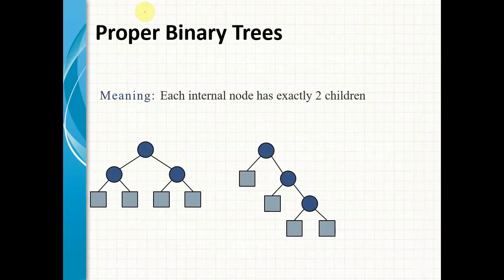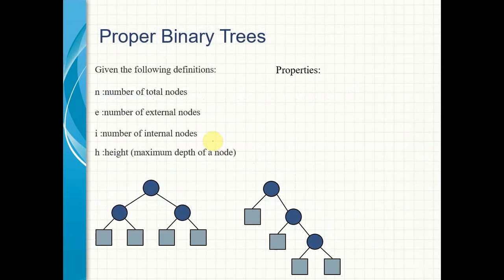Then there's another kind of binary tree, which is called a proper binary tree. What does that mean? It means that every internal node has exactly 2 children. It may not be full, it may not be complete, but it is called a proper binary tree.